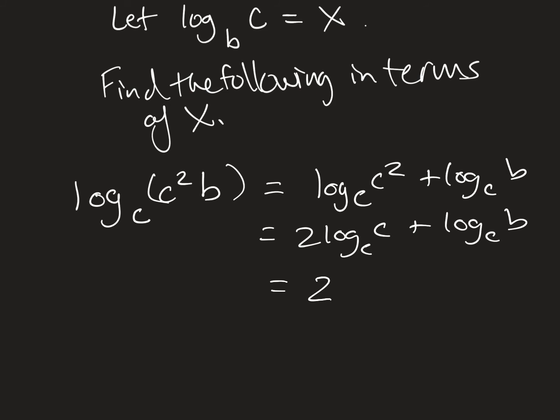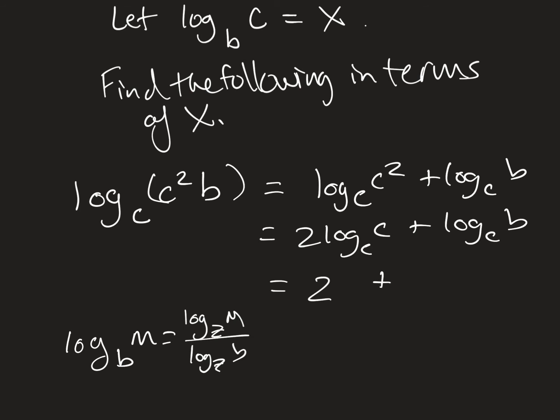But if I want base b, well, let's just do it. Remember, the change of base says if I have some random log base b of m, I could make it any base I want. I could make it log base z of m over log base z of b. Well, let's do that here. We want base b because we know log base b of c.